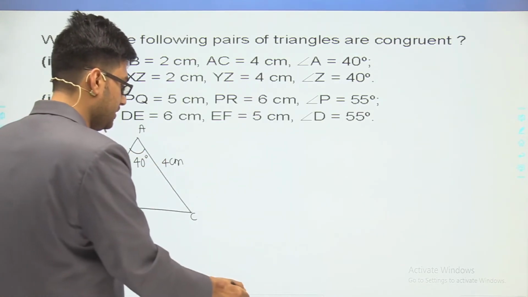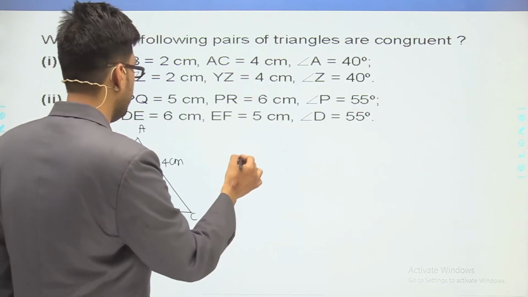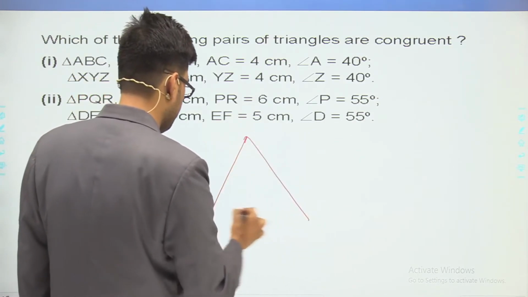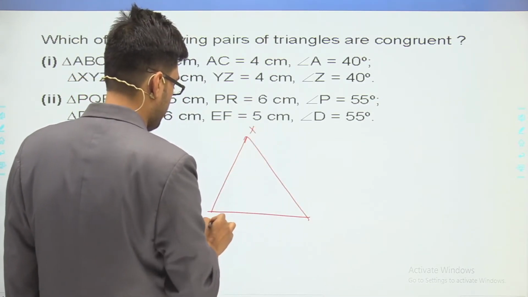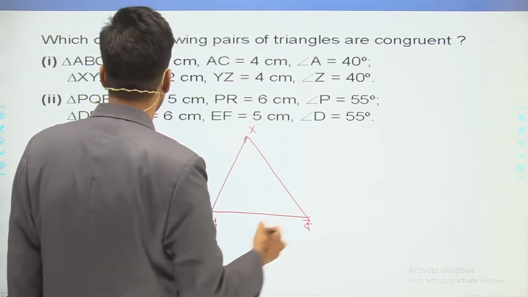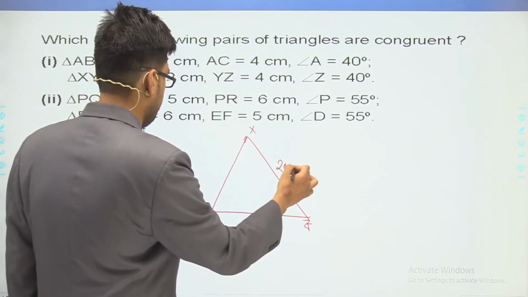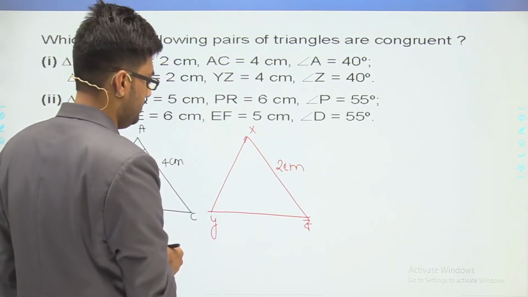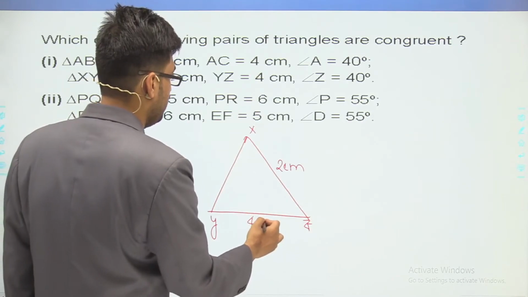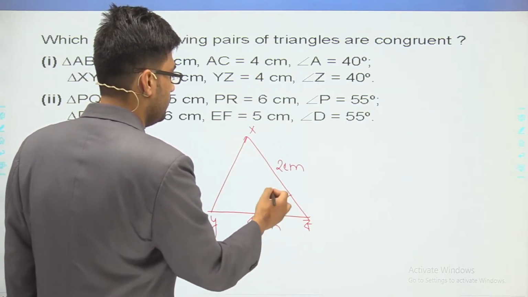Now the next triangle is XYZ. XZ is 2 centimeter, YZ is 4 centimeter and angle Z is 40.